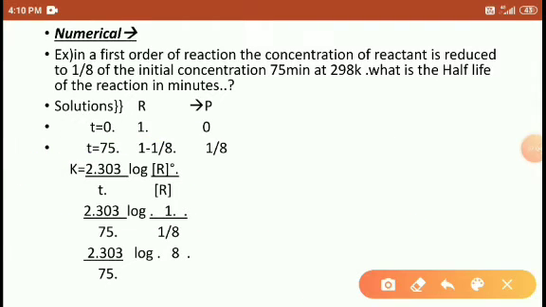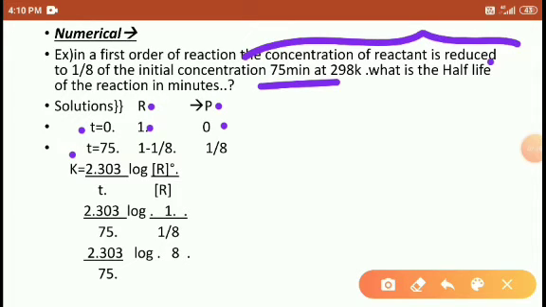So look here, students. The reactant turns into product. At time t is equal to 0, the concentration of reactant is 1 and product is 0. At time t is equal to 75 minutes, the concentration is reduced, not fully, only by 1/8 part.